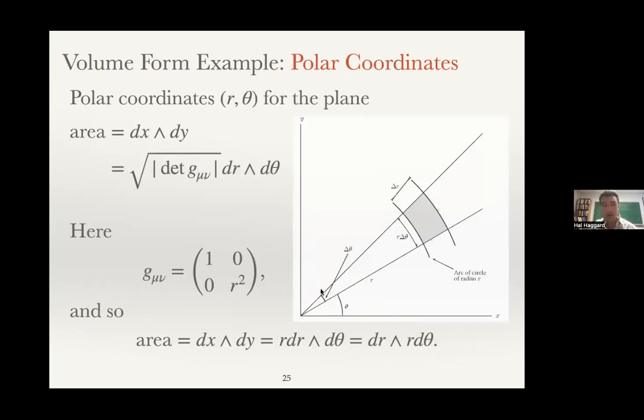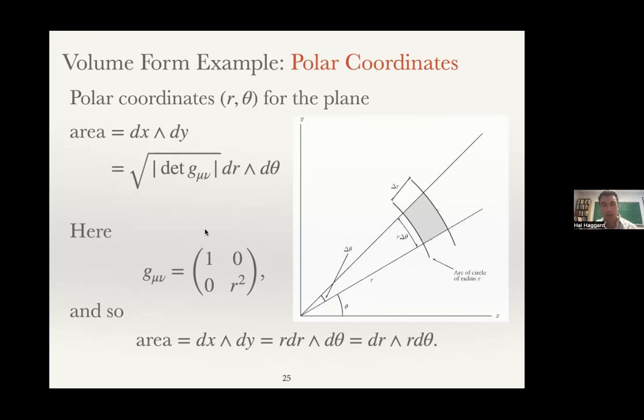The area of any little region in this plane is, of course, just dx wedge dy. That's the differential version of the area. And it's familiar. This is the thing that you've always integrated to get finite areas. And according to what we were just saying, that should be equal to the square root of the determinant of the metric times our new choice of coordinates, dr wedge d theta.